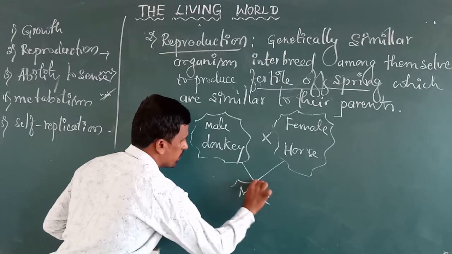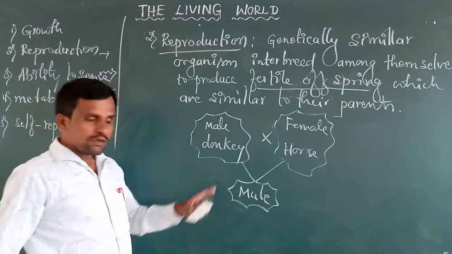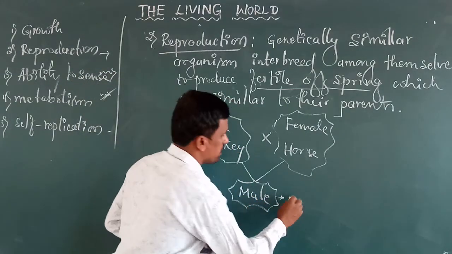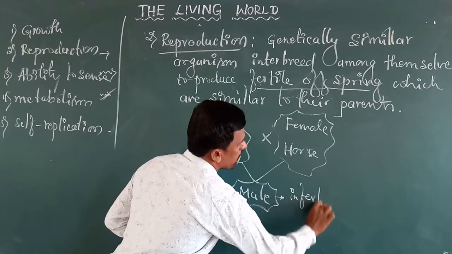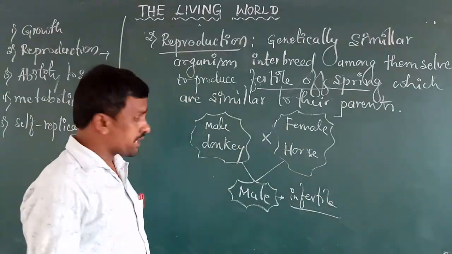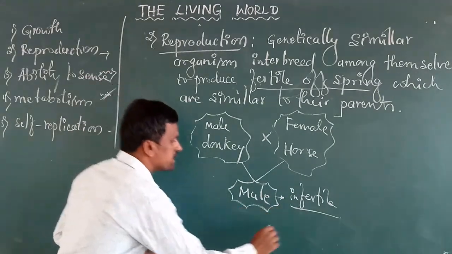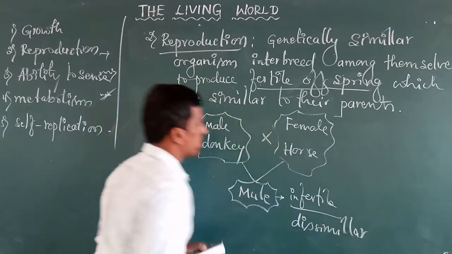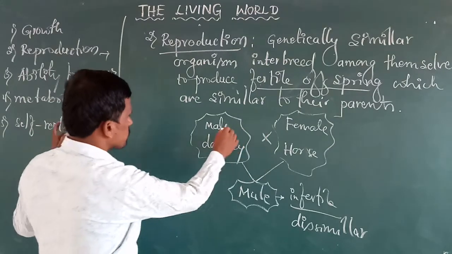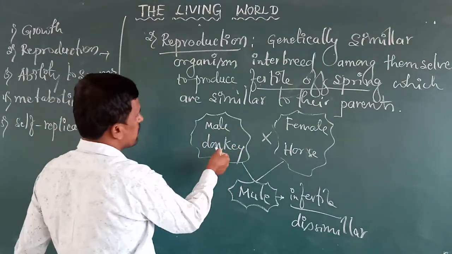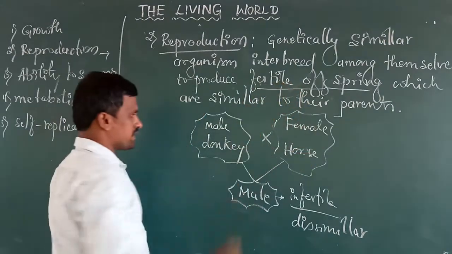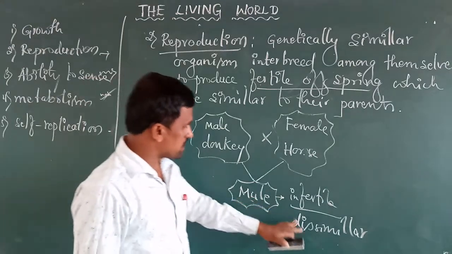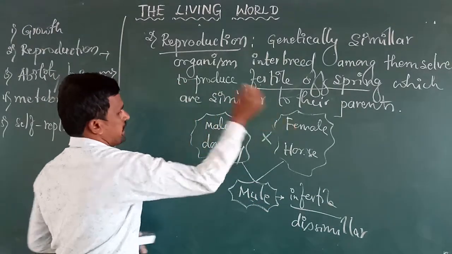This mule is a hybrid. It is an infertile offspring and dissimilar to its parents. So here, dissimilar organisms, a male donkey and a female horse, produce an infertile offspring. It is a mule, and it is dissimilar to its parents.